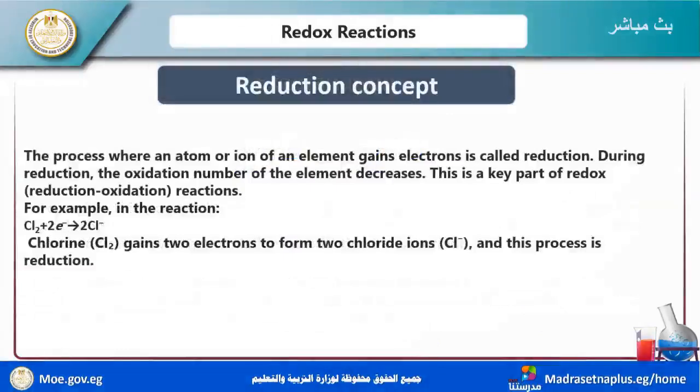Now we must know the reduction process concept. Reduction is the vice versa of this. The reduction process is the process where an atom or ion of an element gains electrons. Gaining electrons is called the reduction process.